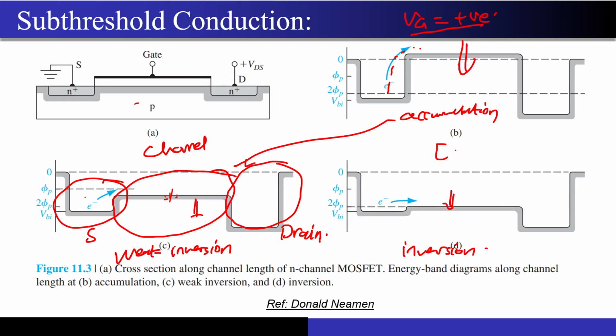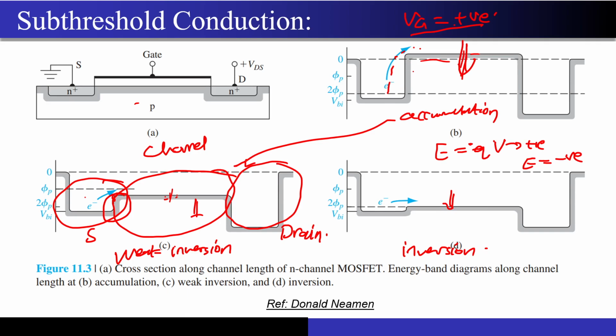Because E is nothing but minus Q into V, if you apply a positive voltage, your energy will become negative. So the more positive voltage you apply, the further down this channel's energy level will get in this energy band diagram. And even in the case of weak inversion, if you look, you have only this much barrier to cross, right?